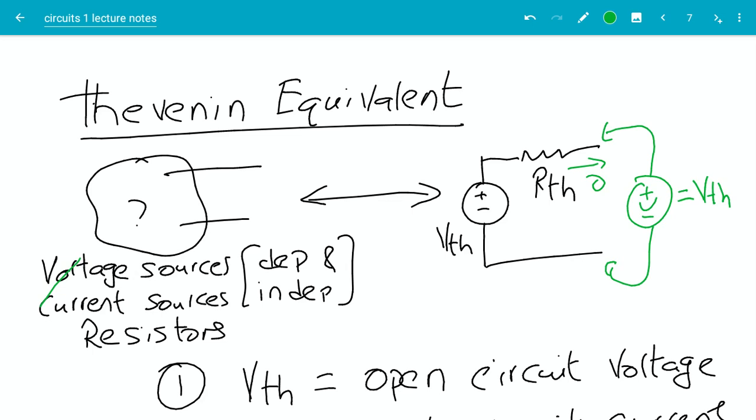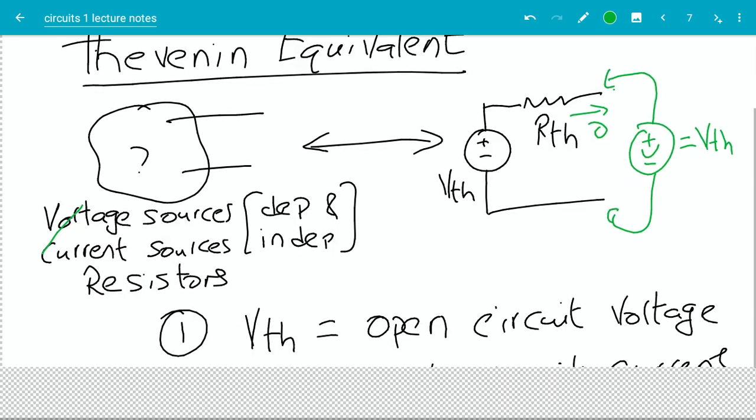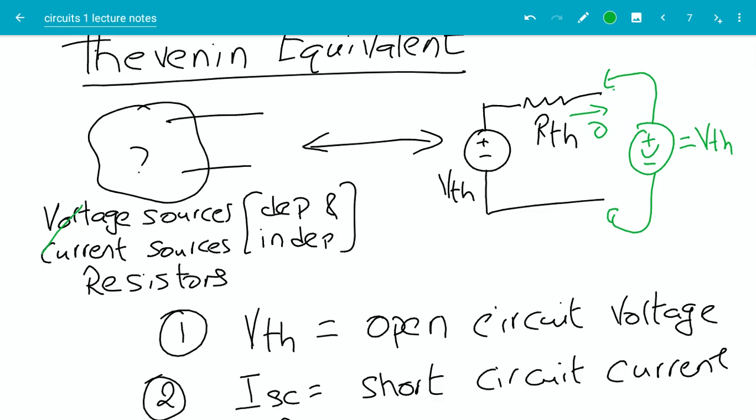So I'm measuring the voltage across these two terminals without connecting anything here. That's why this is called the open circuit voltage. VTH is the open circuit voltage. In the lab, you take the voltmeter and connect it here, and whatever you measure is the value of VTH. So now we know how to measure VTH.